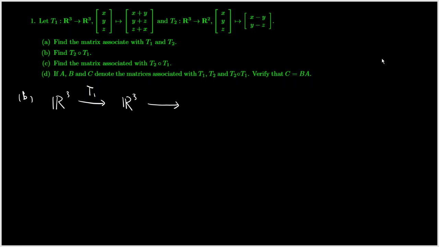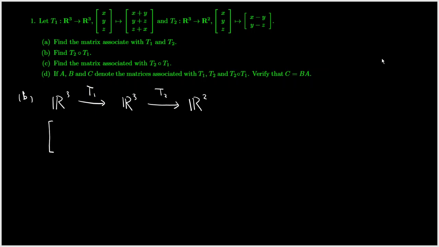And then T2 is from R3 to R2. The two chains are connected, of course. So basically, the two maps are connected. T2 is from R3 to R2. And below that, you can figure out the rule. So this is a new thing.